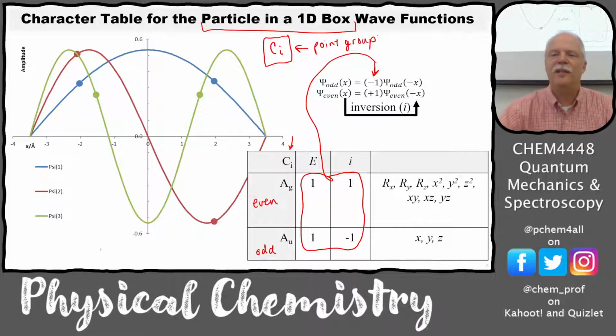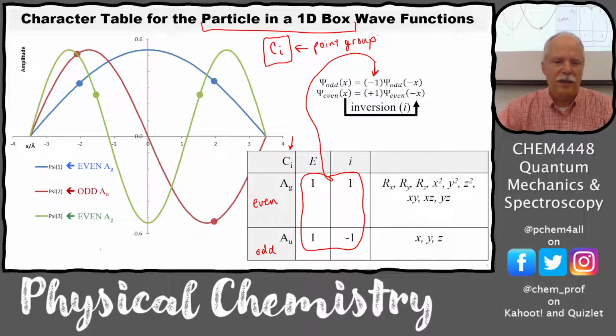We only have one dimension, and all we can really do to that is either nothing, which is the identity, or invert it. That's all. So those are the only two things we can do to our 1D wave function, and the only point group that has E and I for its symmetry elements is the Ci point group. Okay.